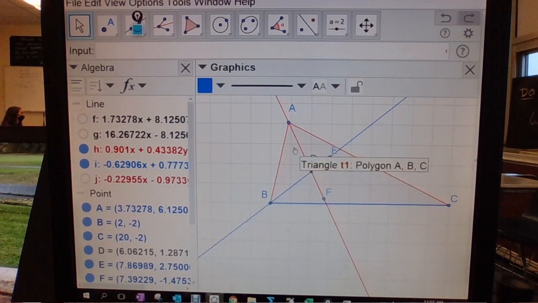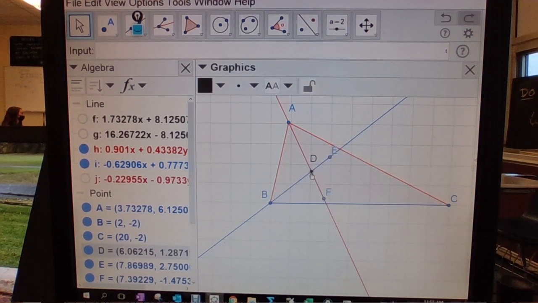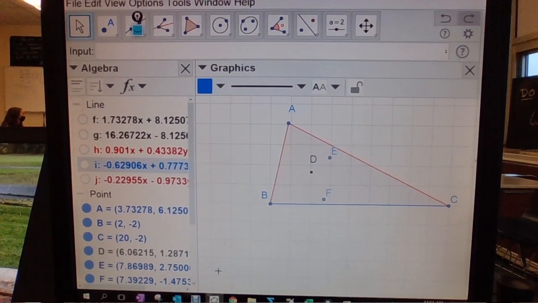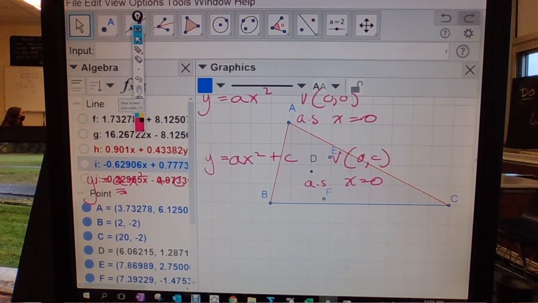And because D is on the red angle bisector, it's also equidistant from that segment and that segment. So through the use of the transitive property, D is actually the same distance from all three sides of that triangle. Does that make sense? So if I just gave you point D right there, point D is called the incenter.